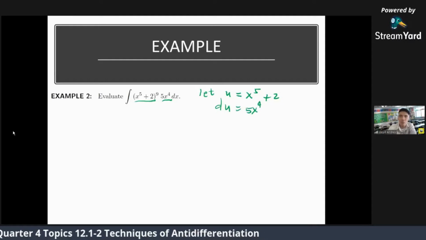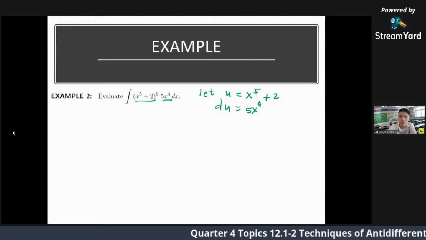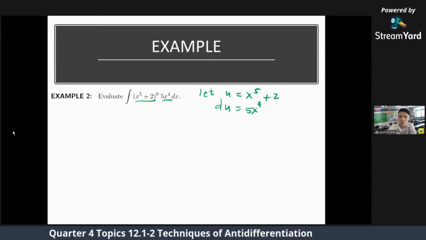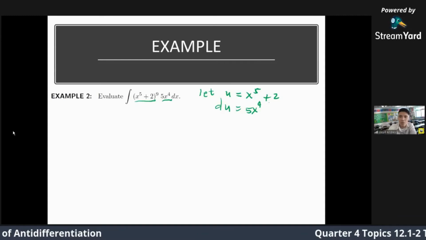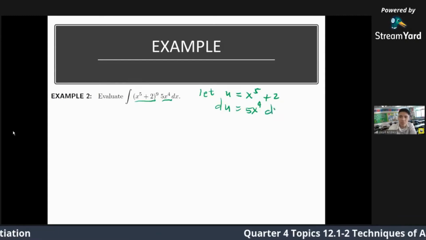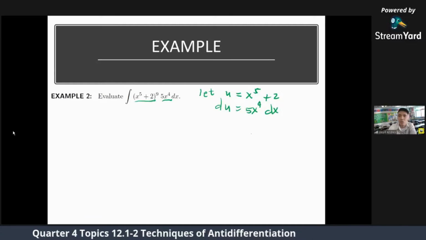Don't get complacent, please use your brain in deriving, differentiating or integrating. Again, we are differentiating, so we subtract: bring down 5, then 5 minus 1 is 4. Then the derivative is 5x raised to 4, take note of the dx here. And 2 is a constant, so it is 0.